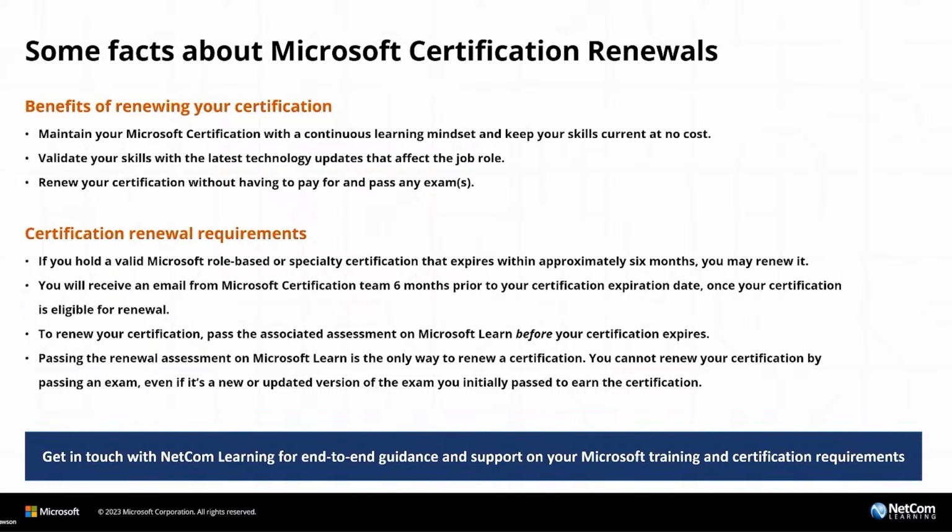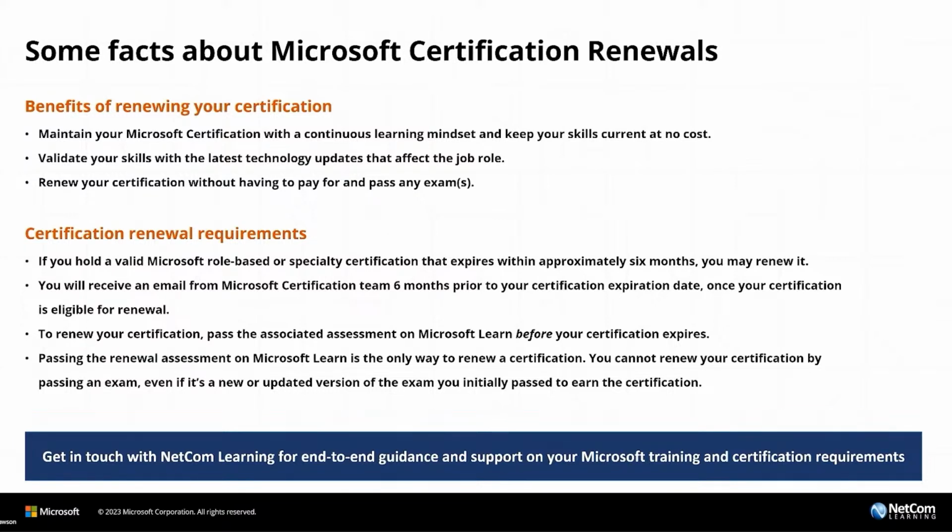And so, to avoid having the pressure of taking the exam and the cost of it, it's important that you make sure that you stay on top of your renewals, do them on time. As an example, let's say that your PL 300 certification expires on April 14th, 2023.